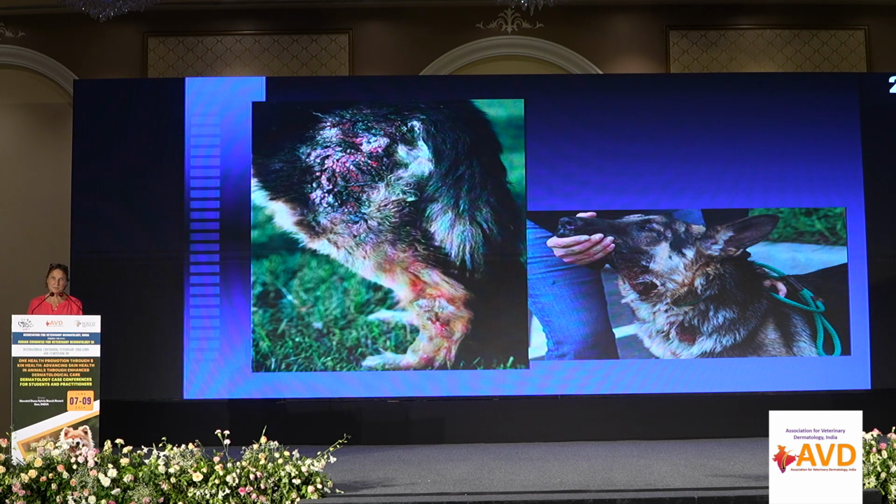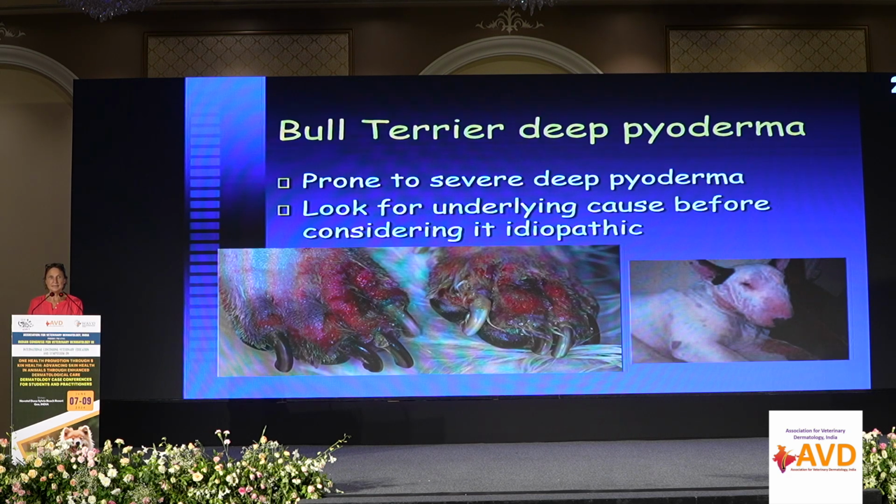Many of them have Pseudomonas, but you don't want to use fluoroquinolones indiscriminately unless you know that's what you need to use. Then there are some breeds of dogs that have been reported in the literature to have predisposition for severe deep pyoderma that may be idiopathic. So the Bull Terrier has been reported in the literature.